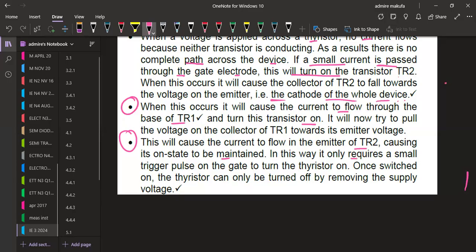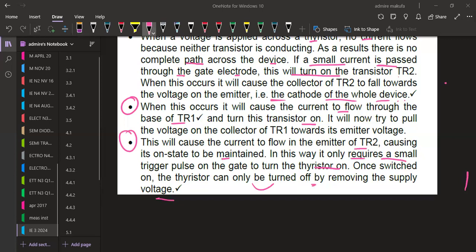In this way, it only requires a small trigger pulse on the gate to turn the thyristor on. Once switched on, the thyristor can only be turned off by removing the supply voltage. So that's what you are required to describe in that case.